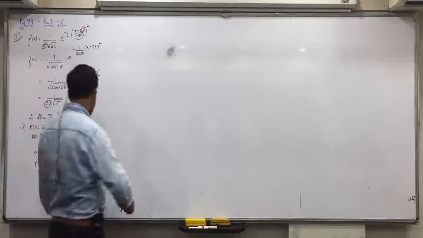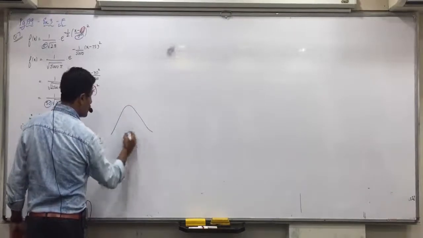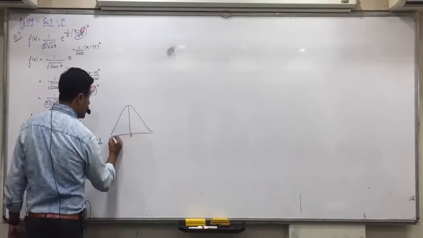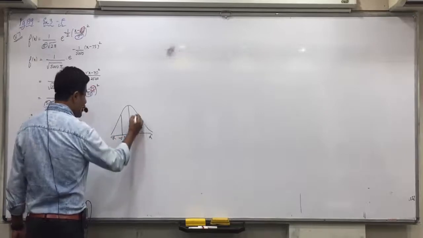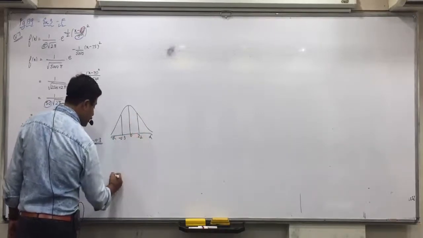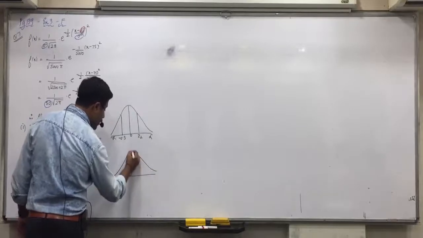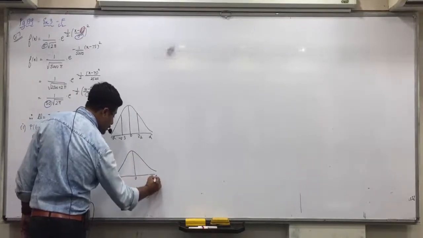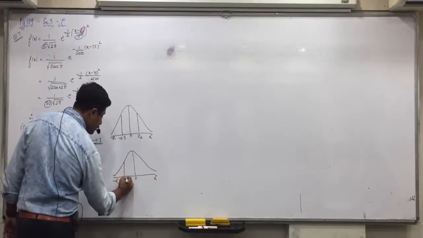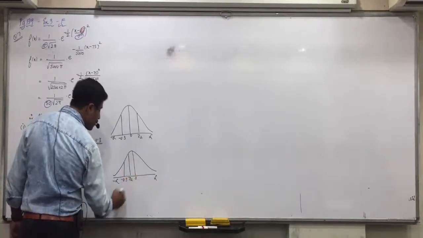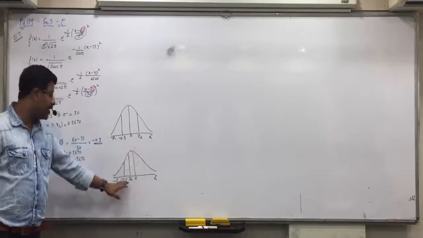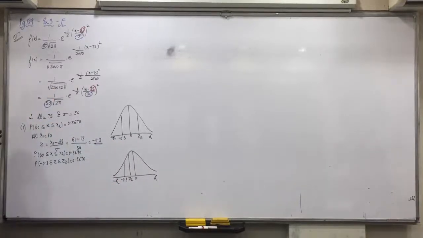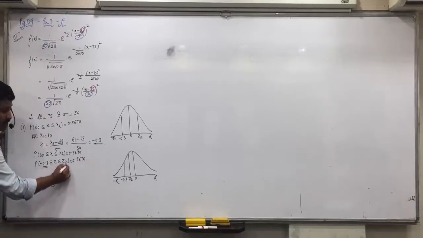Now we know that minus 0.3 will always come on the left side. Z2 in one diagram we take on the right side, and in another diagram we take Z2 on the left side. Minus 0.3 in any of the situations will come on the left side. Shading is to be done between minus 0.3 and Z2.